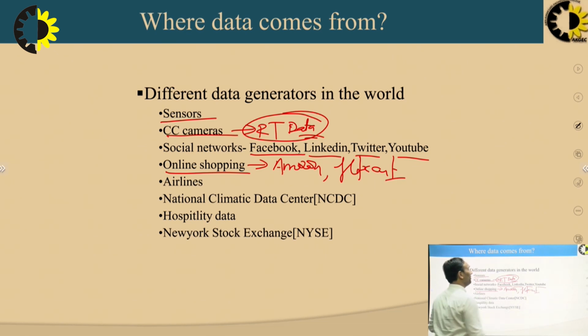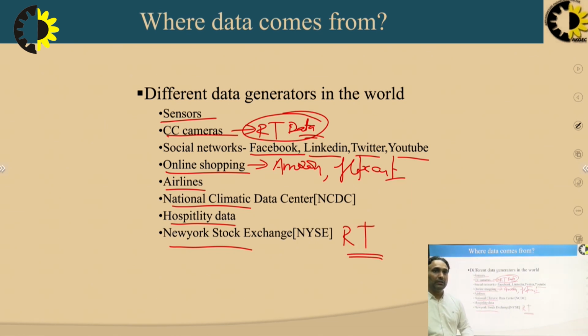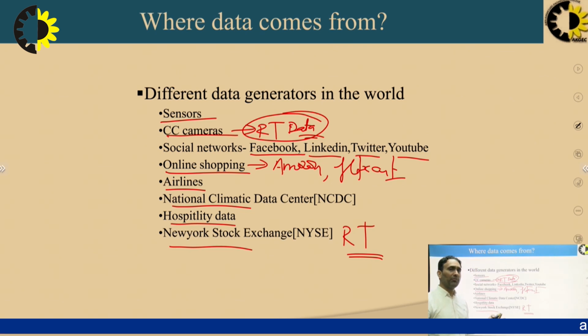These are the basic examples, or we can say applications, from where a bulk size of data arrives at a cloud. Airlines, national climate, hospitality data, network stock exchange. As we know, in a stock exchange, data changes in real time. That is very crucial for the customers who are connected with the stock exchange.